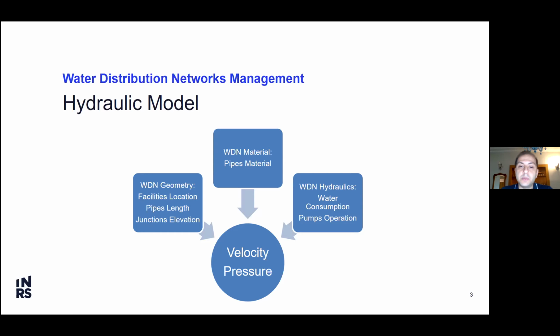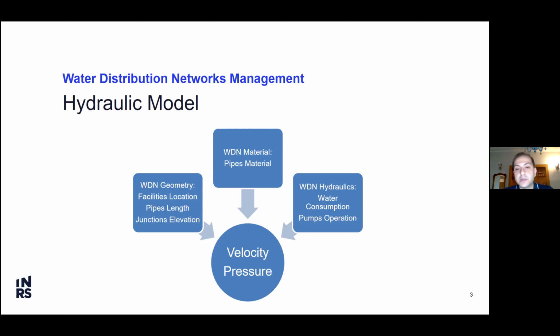But what are the inputs for the hydraulic models? It is the water distribution network geometry, that is the facilities' locations, I mean pumps, pipes, and different junctions. Besides, we need the pipe lengths and junction elevations. Also, we need the pipe materials.